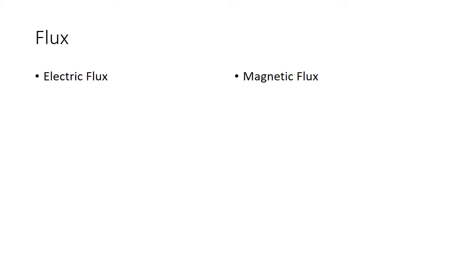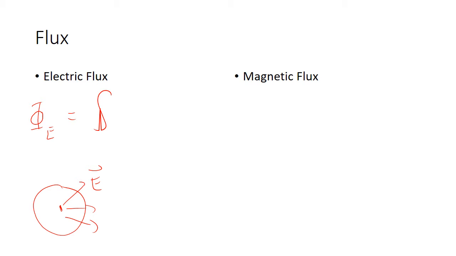If you remember electric flux, we thought about it when we talked about a charge and started looking at the electric field, and we said, well, how much electric field goes through a surface? So we came up with this concept of electric flux, and we said the electric flux was the integral of E dot dA over the surface.